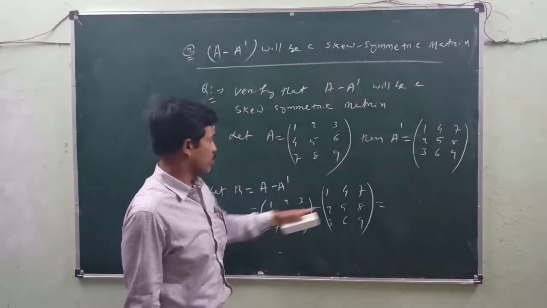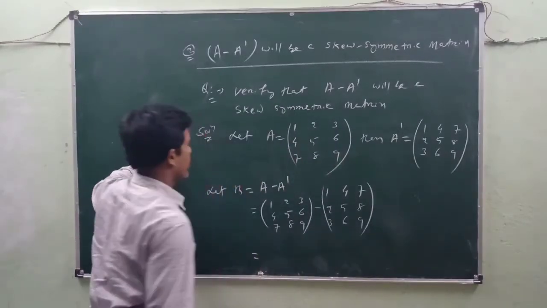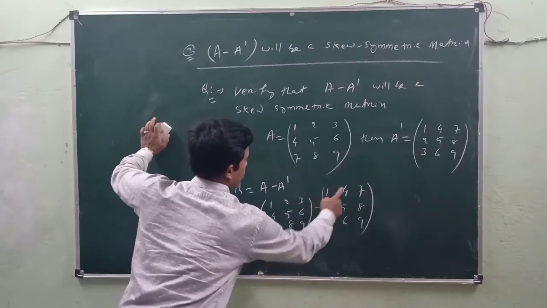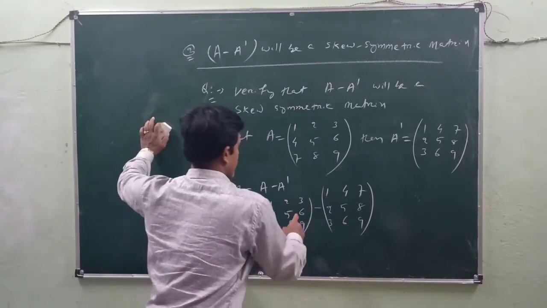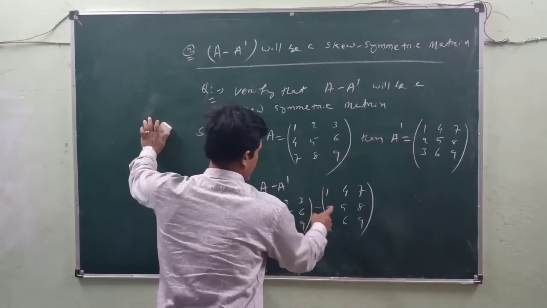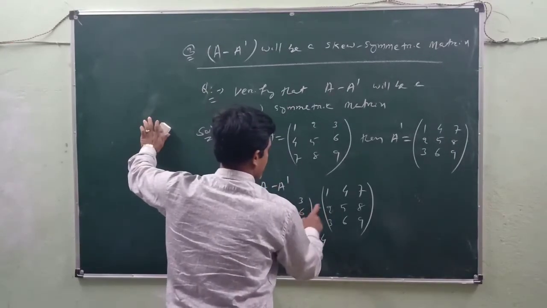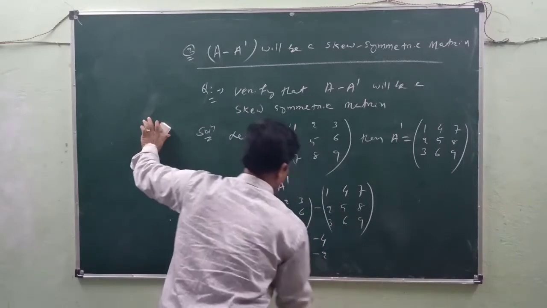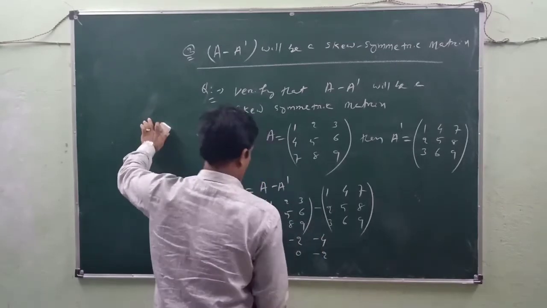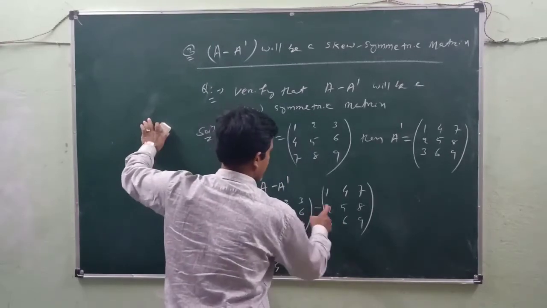Now the subtraction of these two, I write here. Look here, 1 minus 1, 0, then 2 minus 4, it will be minus 2, then 3 minus 7, minus 4, then 4 minus 2, it will be 2, then 5 minus 5, 0, then 6 minus 8, minus 2, then 7 minus 3, it will be 4, then 8 minus 6, it will be 2, and 9 minus 9, 0.